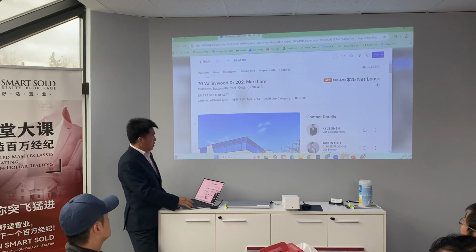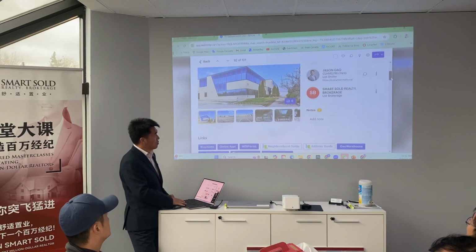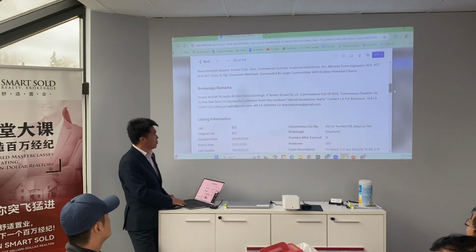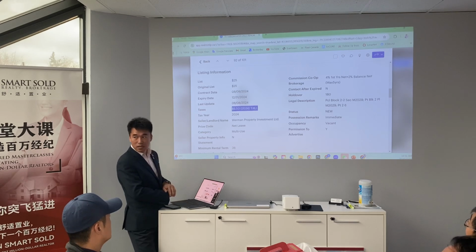And then, because I mentioned it, that's why we discuss gross lease or triple net lease. Because most leases right now are triple net, which means you not only cover the rental, but also the TMI. What does TMI stand for?